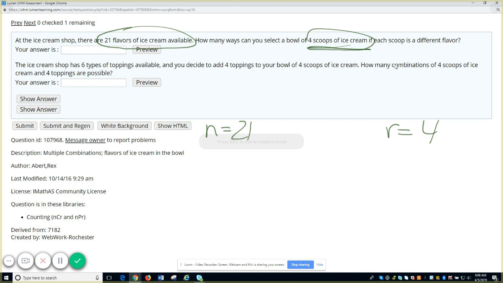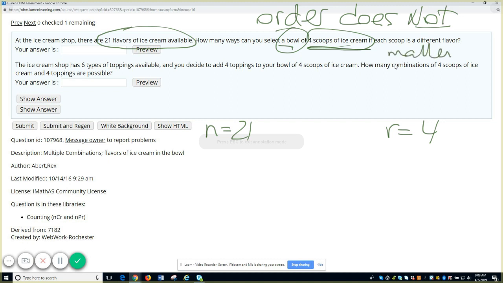So once you pick a set of 4 scoops, that's going to be the same type of ice cream, even if you place them in different order, because it's the bowl, right? Okay. All right, so since the order of those 4 scoops does not matter, that tells us that we're dealing with the combination count. We're picking 4 combinations of scoops out of 21.